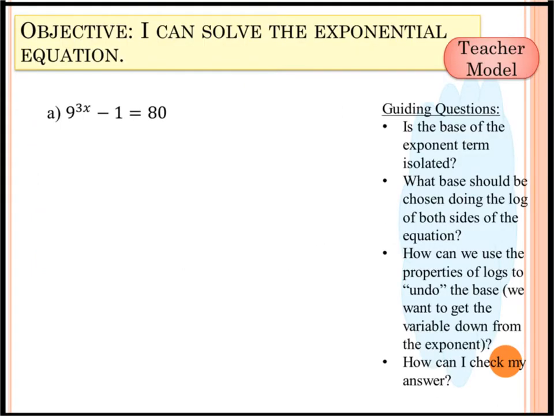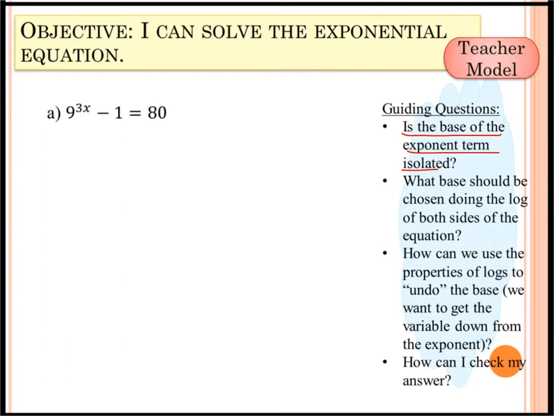So here's our first teacher model. My equation is 9 to the power of 3x minus 1 equals 80. I want to think about these guiding questions as we try to solve this. We need to know if the base is isolated, and if it's not, then we need to isolate the base.